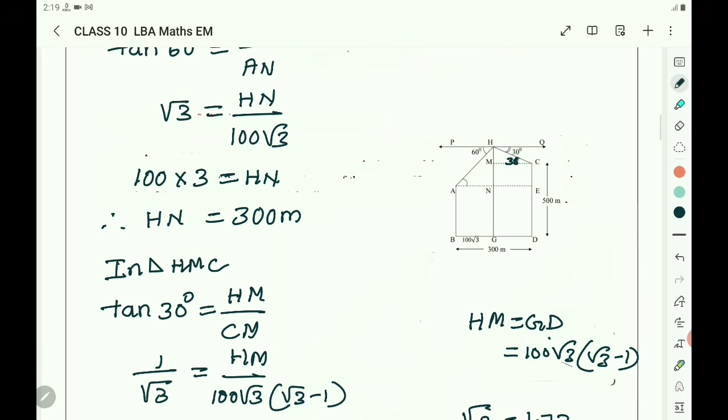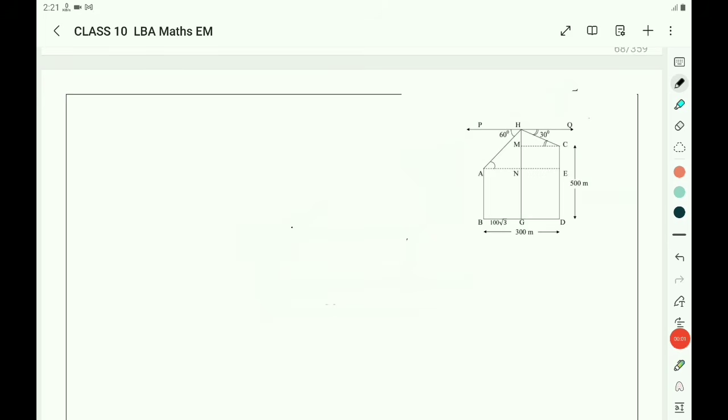Then to find this MN, which is equal to CE. MN is equal to what?